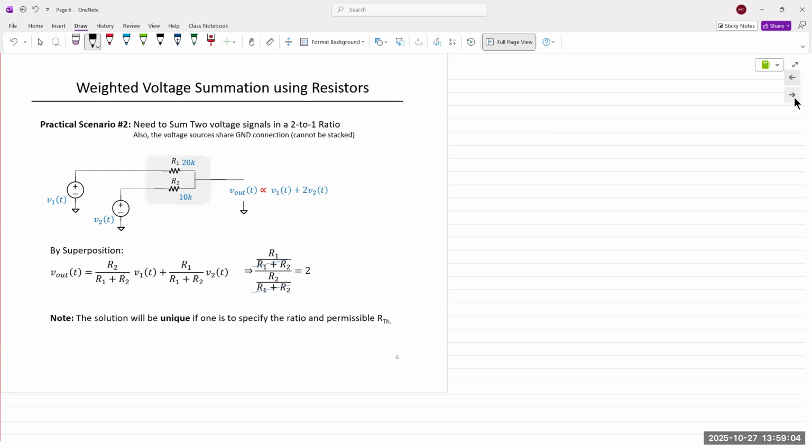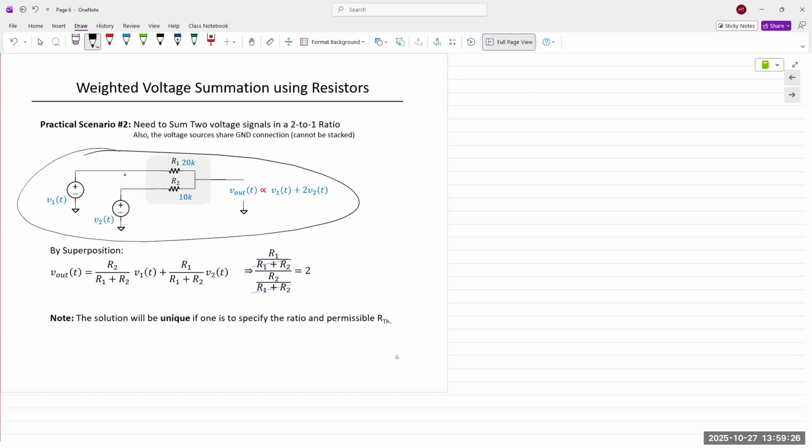Lastly, we have this kind of circuit where we are trying to add two signals, meaning two different voltage sources, and we want to have a different ratio of addition of both of these voltage sources. So we can use resistors for that. So the weighted voltage summation using resistors.